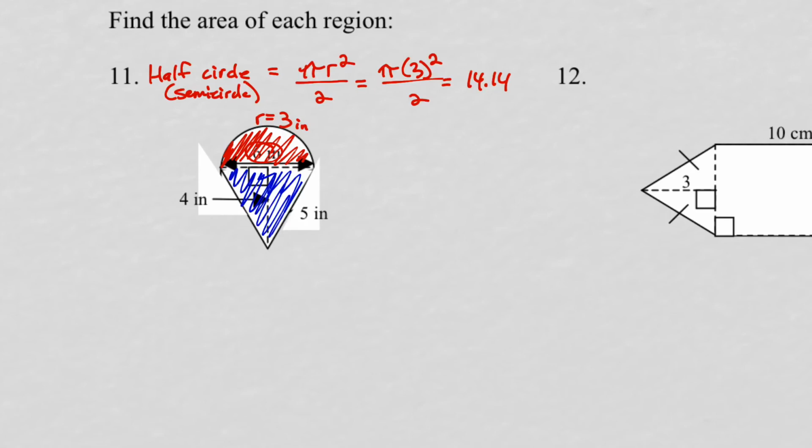Okay, then we have the area of the triangle, which we know is base times height divided by 2. So the base is the diameter of that half circle, so it's going to be 6 times the height, which is 4.